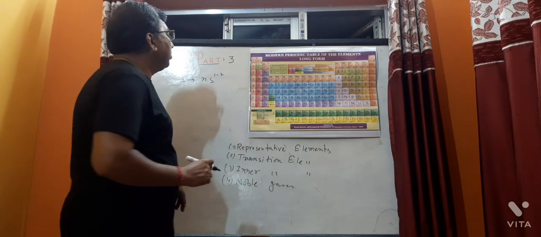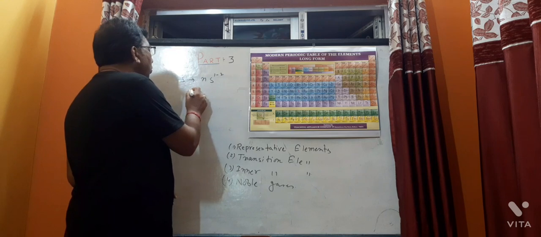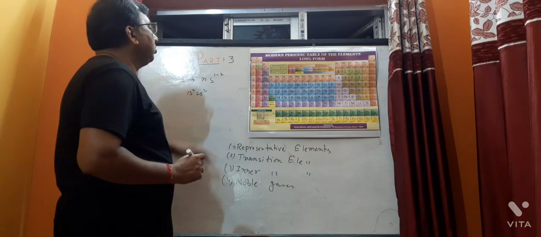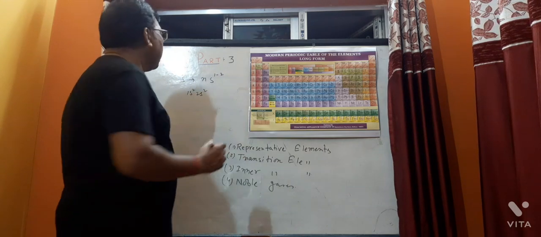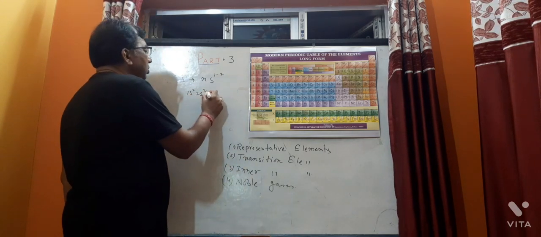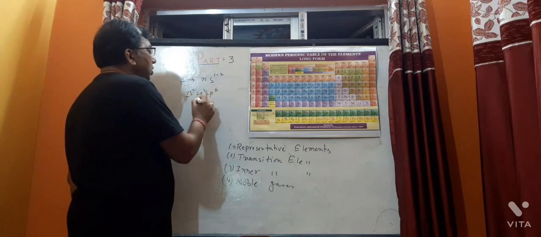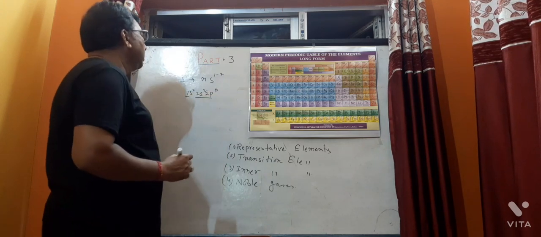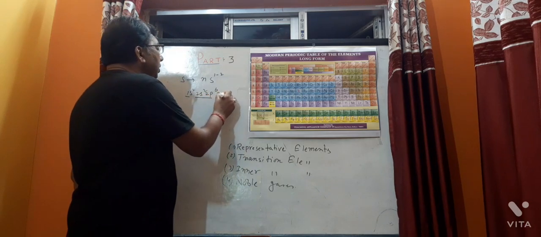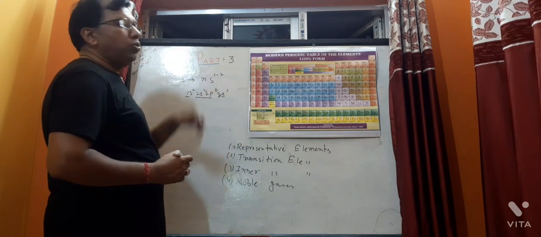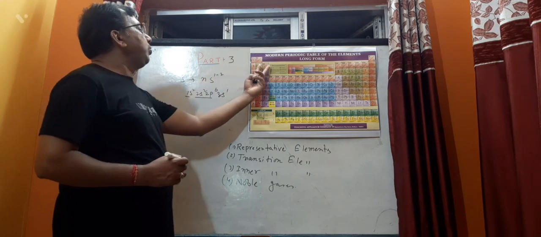See, sodium: 1s2, 2s2, 2p6, that is 2, 4, 6, 10, then 3s1. So ns1 to 2, group 1 and group 2.